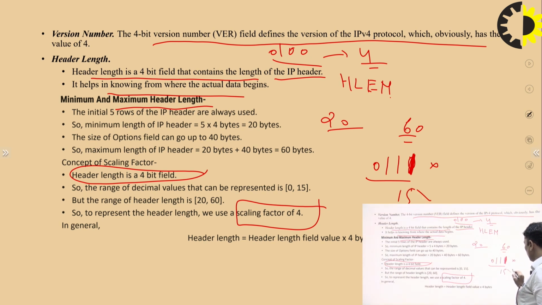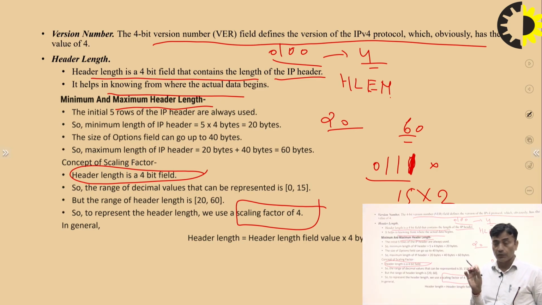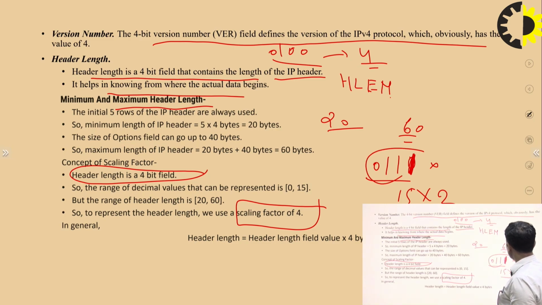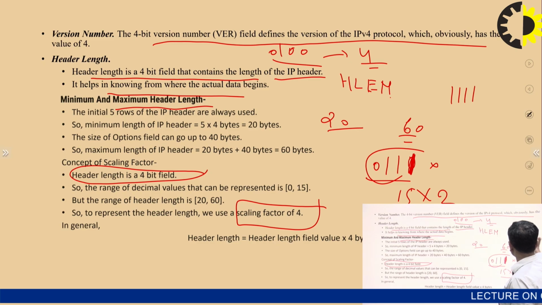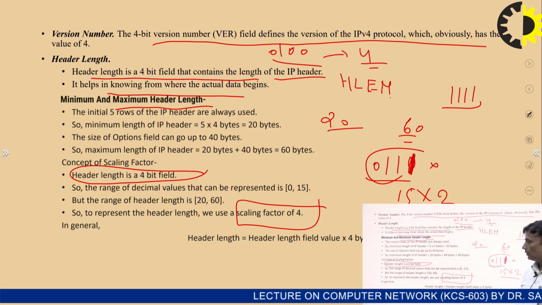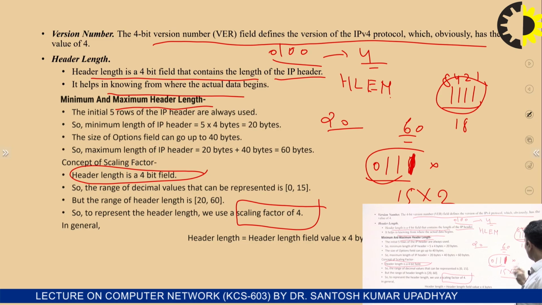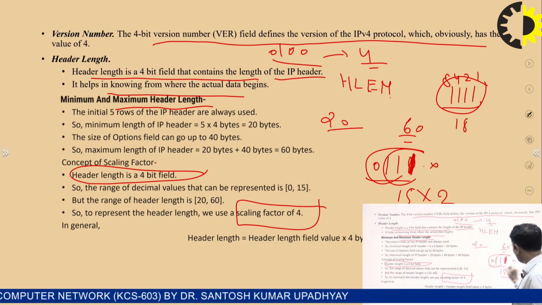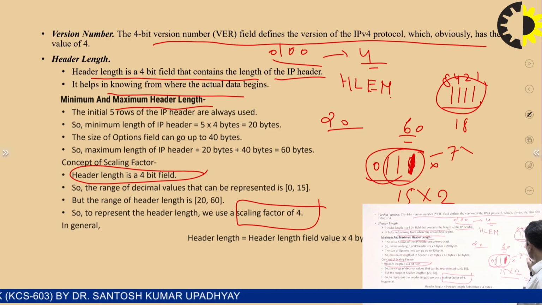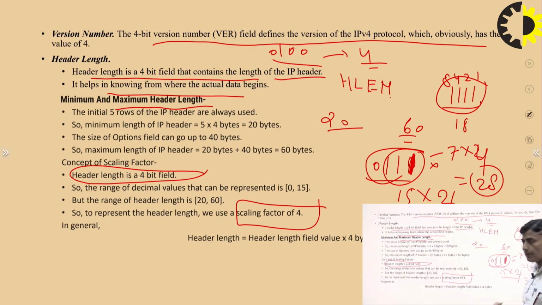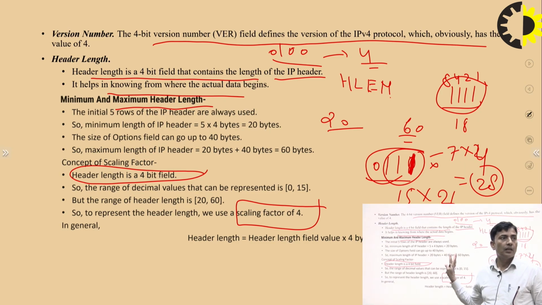With all 4 bits as ones, the maximum is 15, and 15 multiplied by 4 gives 60 bytes.